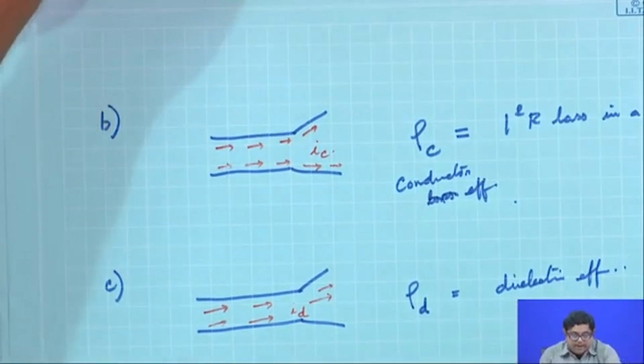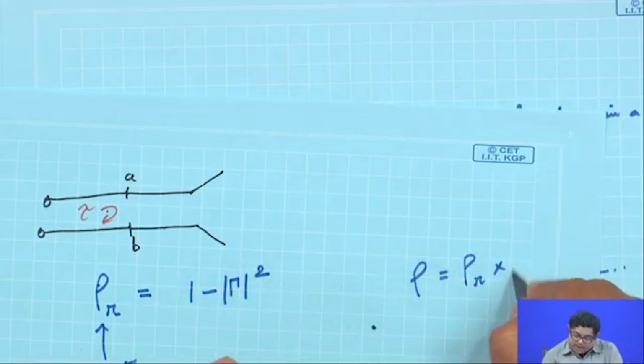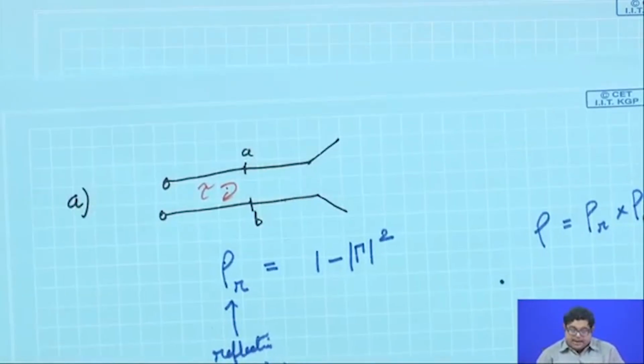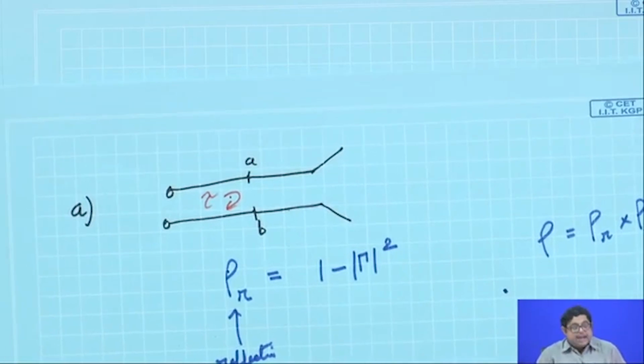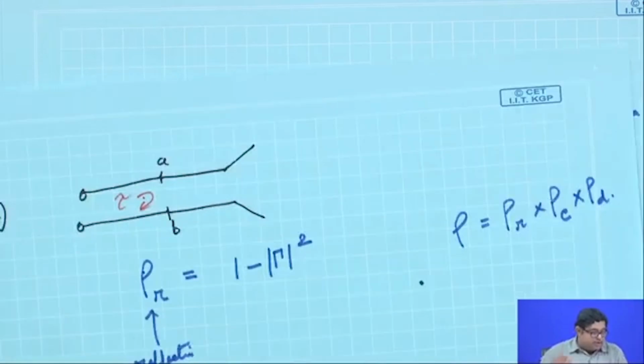So, now I can complete this: rho will be rho r into rho c into rho d, but there will be another one that we have not talked of, but later we will see that an antenna has a polarization.